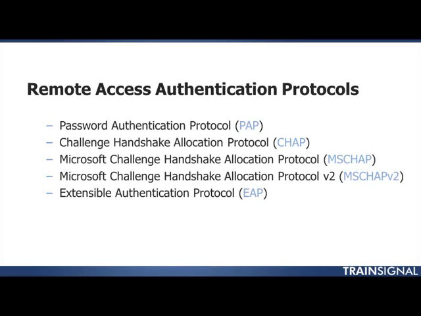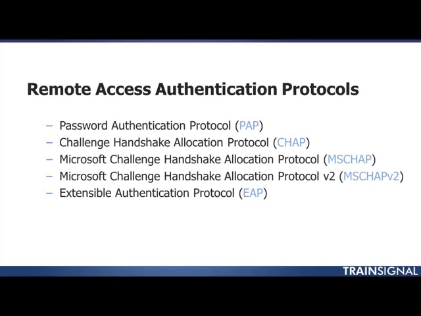If you want to move up into at least a medium level of security, you move up into something called CHAP, the Challenge Handshake Authentication Protocol. And again, you don't see it used too much, but it is still occasionally used when you are not in a Microsoft environment.